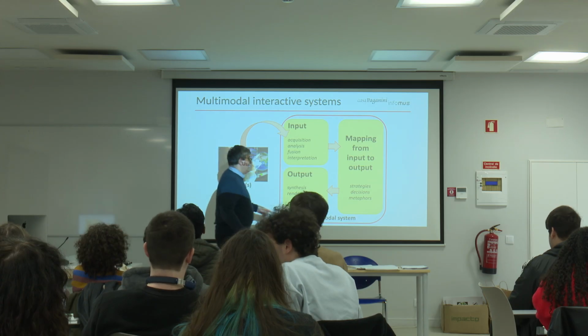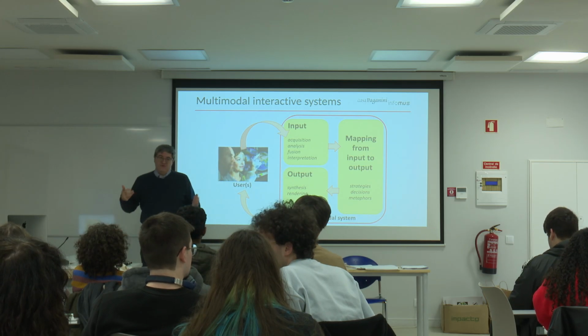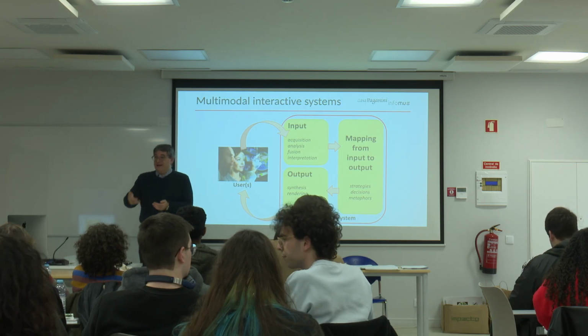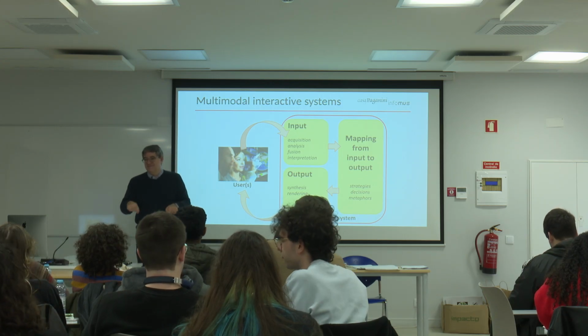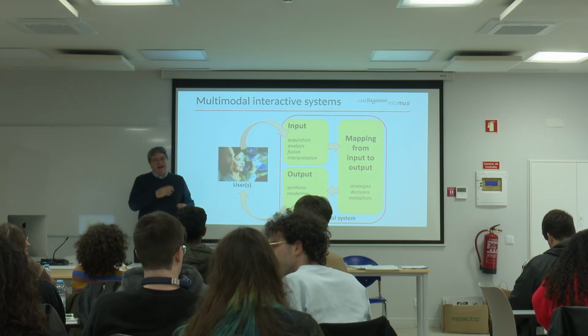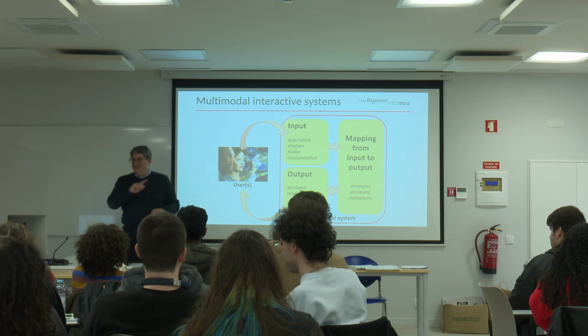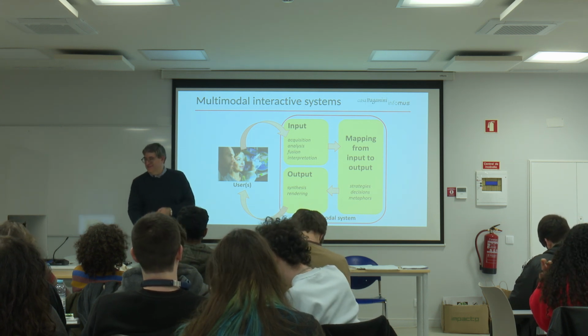Then you have decisions: you have the rules, and then you have to find out which rule applies at that time because of the input. So I'm asking you to sit down, and so you sit down. Okay, so this is the rule, and you apply that rule.